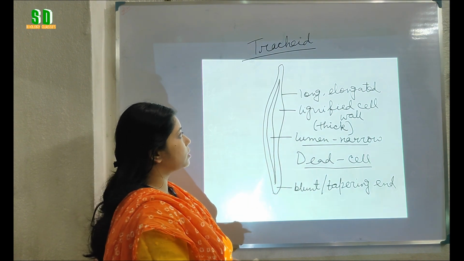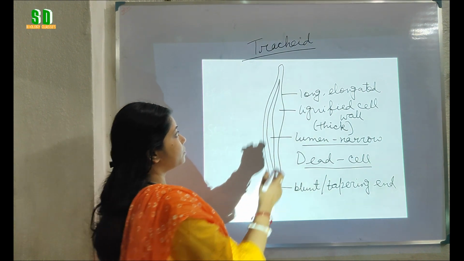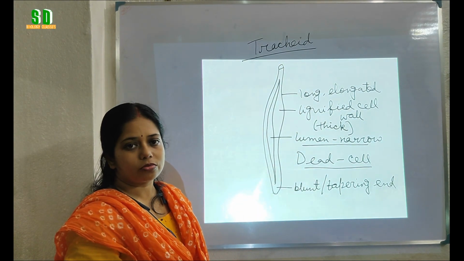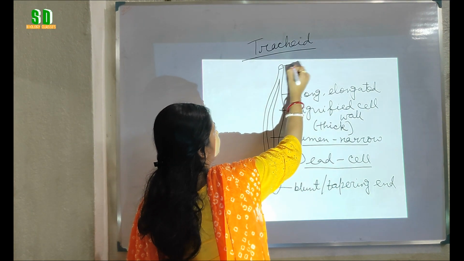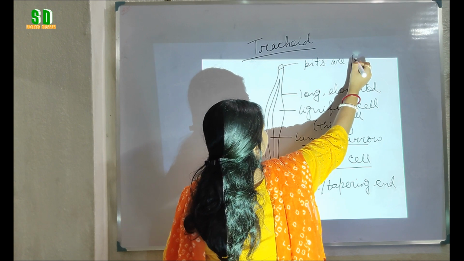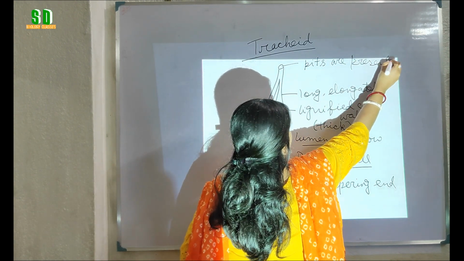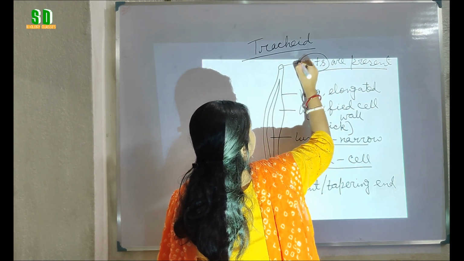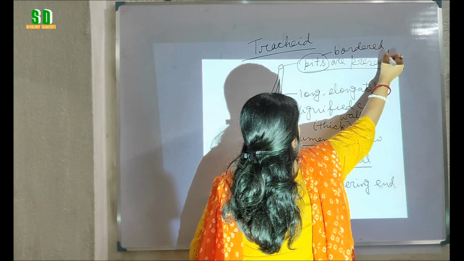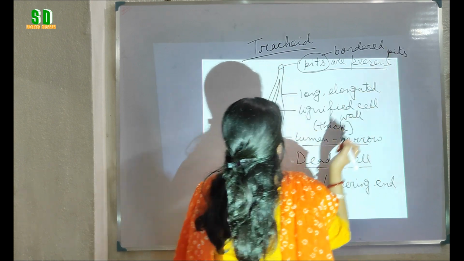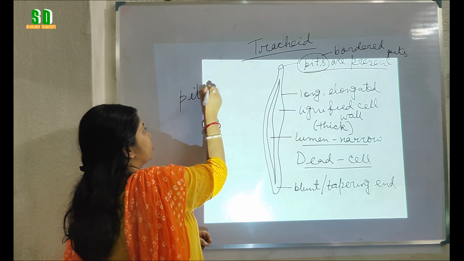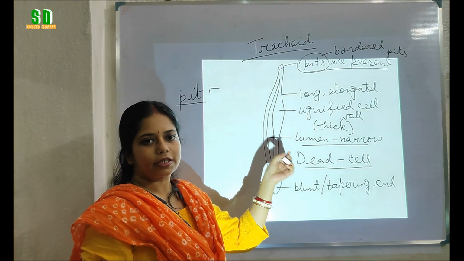In addition to this, we have to remember that in the end wall of the tracheid member, the pits are present. And what type of pits? Bordered pits. What is this pit? We have seen that the lignin deposition occurs in the tracheid cell wall.